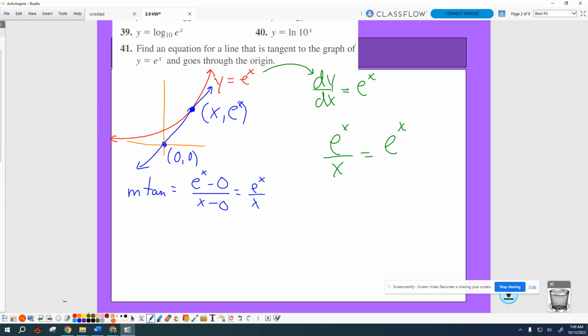What does that mean x is? Are we saying 1? If I cross multiply, and divide by e to the x, x is 1. And it says find the equation of the line. So, okay, y minus the y value equals slope.